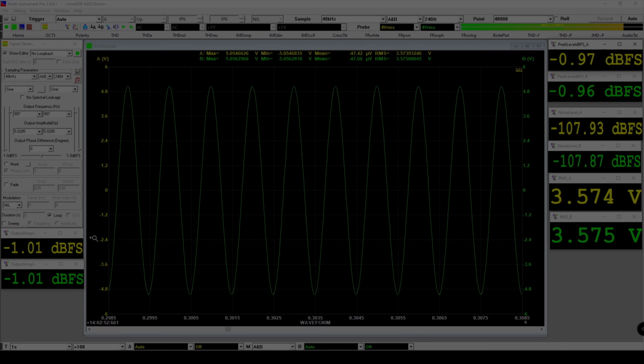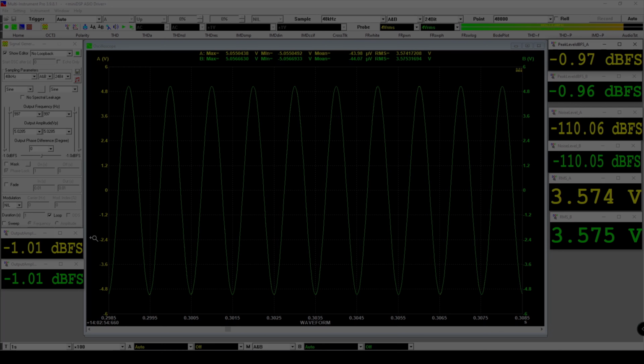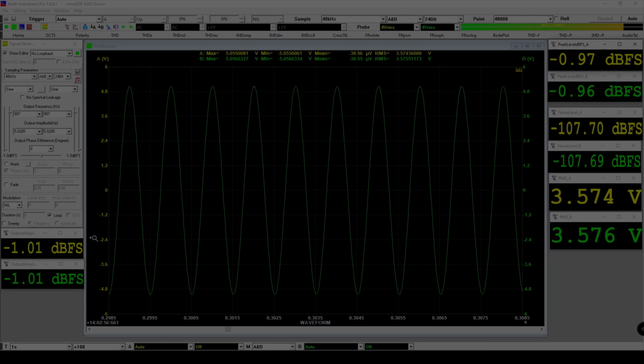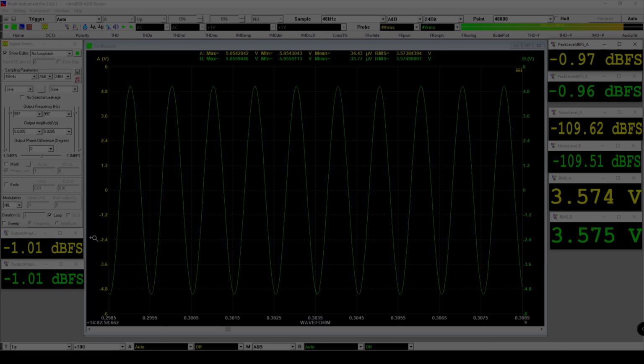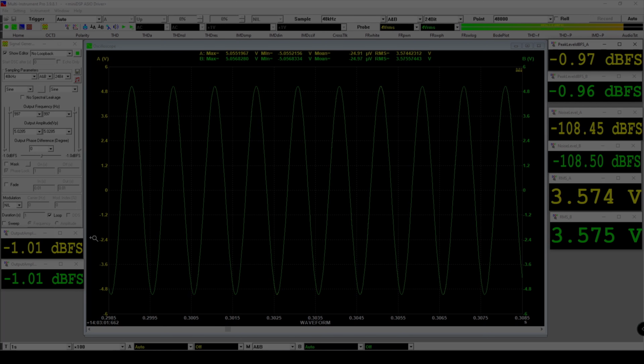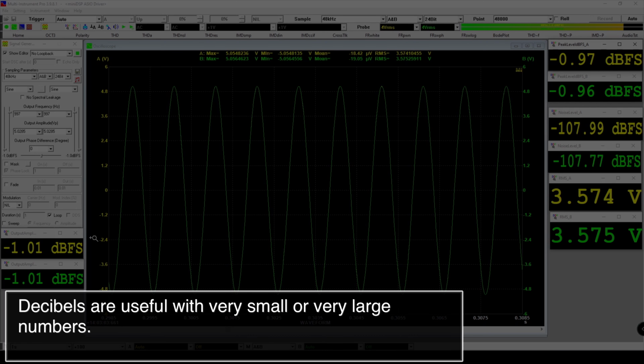And probably how most of the people know about dBs is when they talk about sound pressure level, how loud something is. And that's also a ratio. It's just a sound level compared to this agreed reference level, which somehow corresponds to the threshold of human hearing. At this point, it may not be obvious yet why do we use dBs instead of just using percentage or absolute level, but the benefit comes when we start dealing with very small or very large numbers.